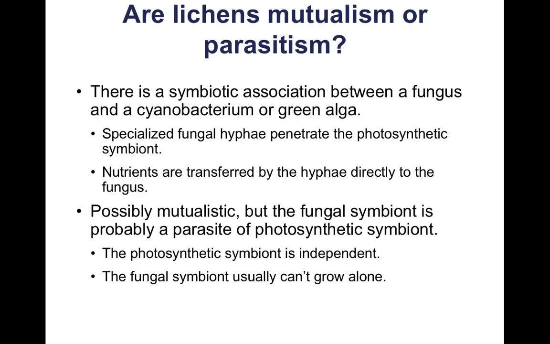And what they found is that the photosynthetic cell actually does better when it's not encapsulated by the fungus. So it has a higher growth rate and a higher rate of reproduction than it does in the lichen. And the fungal symbiont, the fungus, usually can't grow by itself. So for years we thought this was a mutualistic relationship, but what we're finding now is that it's probably more a case of controlled parasitism.